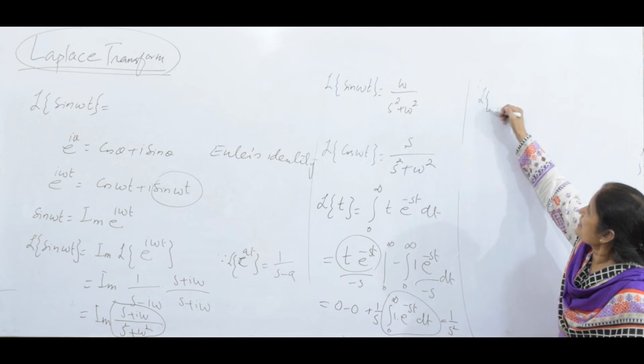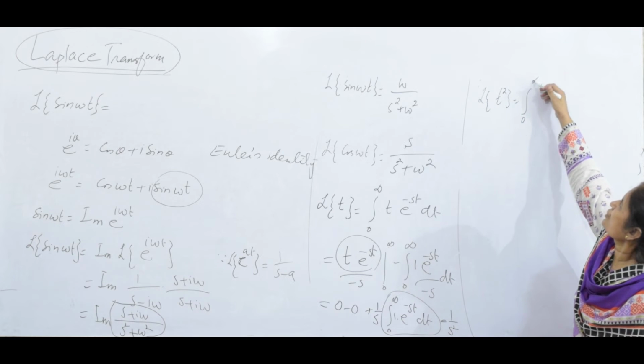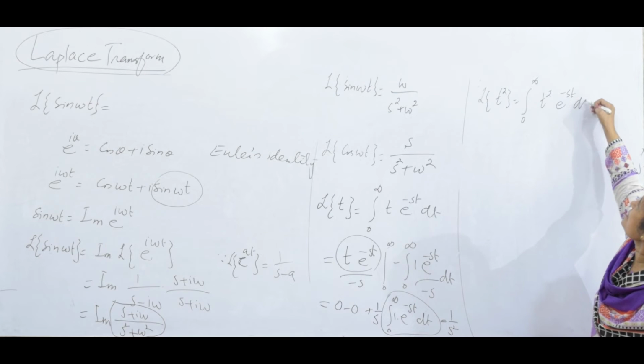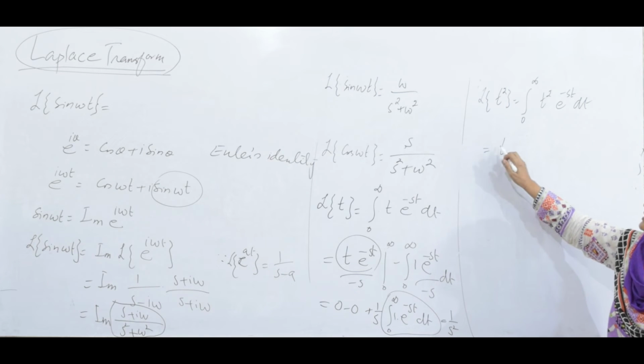Now the Laplace transform of t square, by definition, is the integral from 0 to infinity of t square e^(-st) dt. Again integrate by parts, treating t square as the first function.